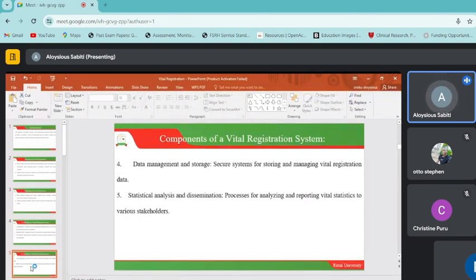As a health facility in-charge or as a CEO or as a leader, you should be able to conduct such vital registrations. Or if you're working in a humanitarian system, it is very important that you develop what they call a vital registration system for your organization so that you understand the categories of people that you're dealing with.